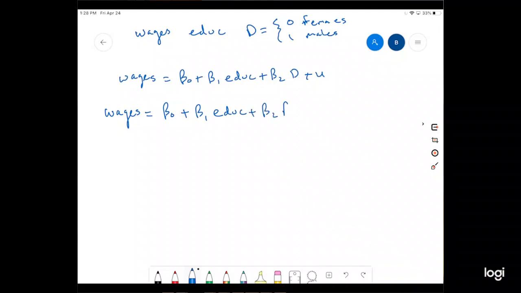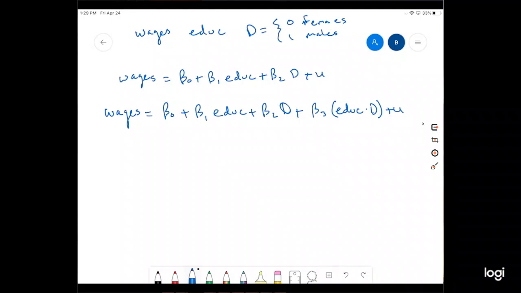We need this interaction term in the model. Whoops, that's not supposed to look like that. Let me write a better D. Beta 3 education times that dummy there. So this variable here, or the interaction term, is going to be the test of whether or not the effect of education depends on this male versus female dummy.